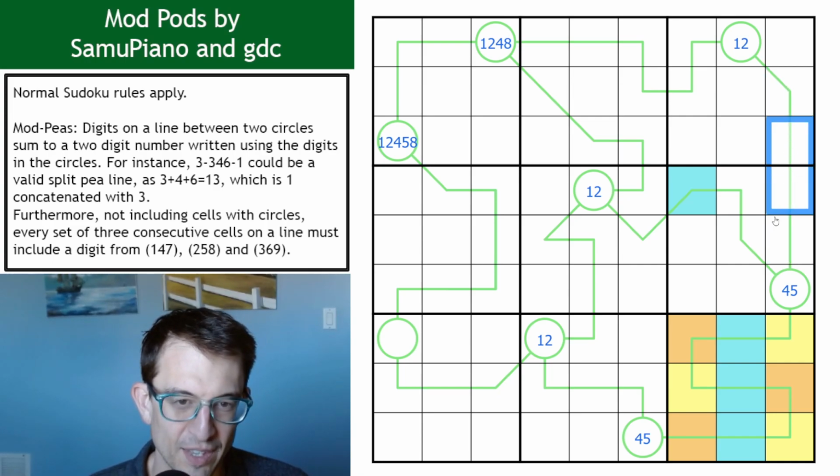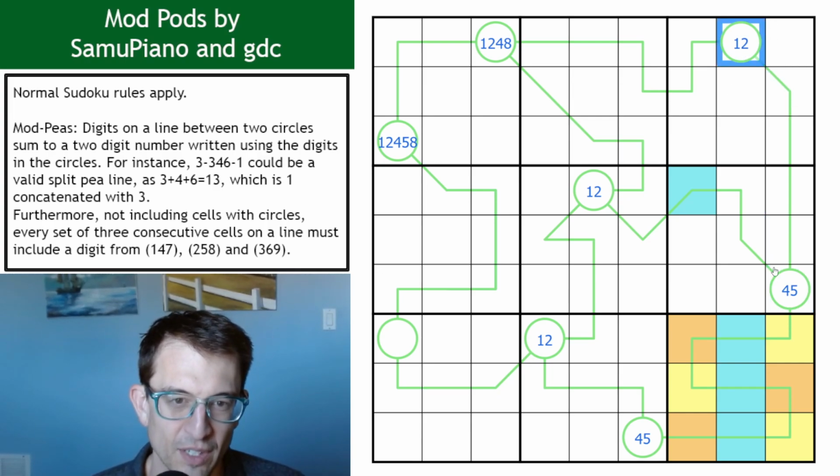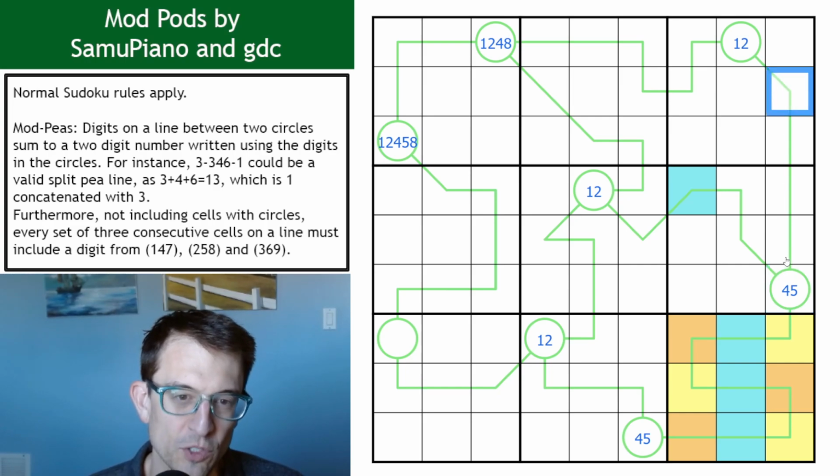Because these 3 add up to 0 mod 3. So whatever is duplicated is the same as this concatenation. So if this is 14, we have 2 in the 2 group. So we have 1, 3, 1, 2, 3, 5 is only 11. So we could do 1, 2, 3, 8.